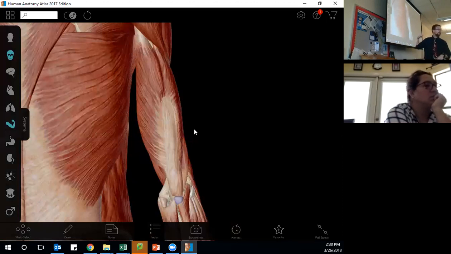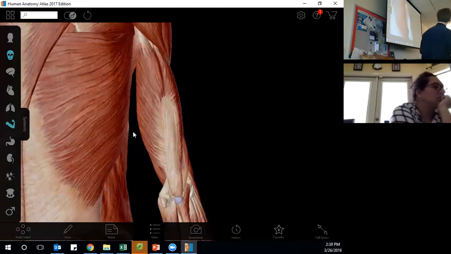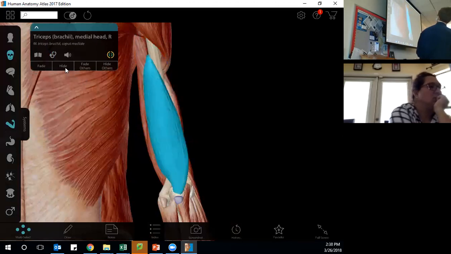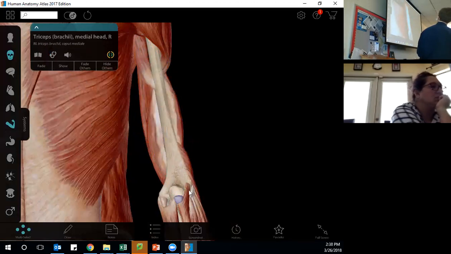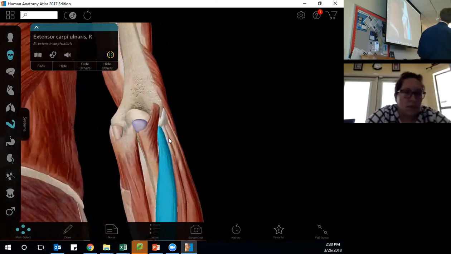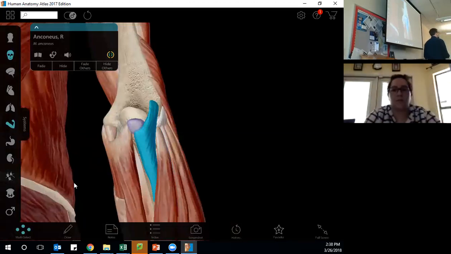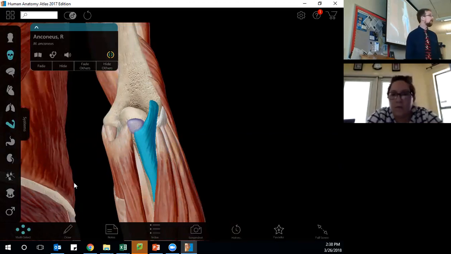So if I get rid of triceps, then all I see left is bone. And it leaves us this guy, anconeus. Hiding in the back, it doesn't really have the size to be a strong elbow extender. It's also coming at kind of an oblique angle.